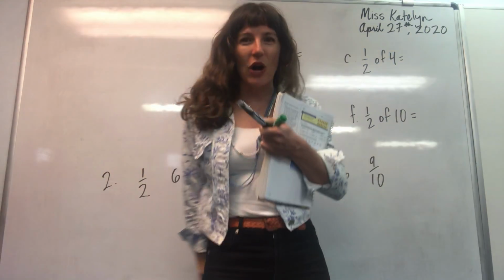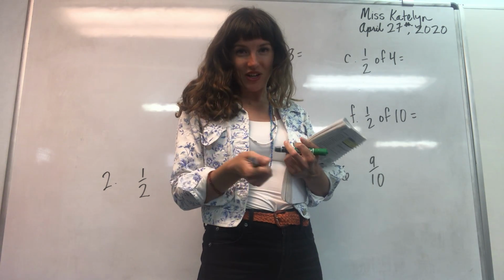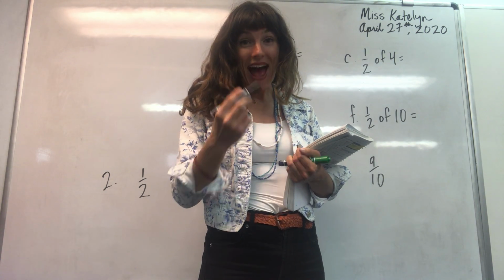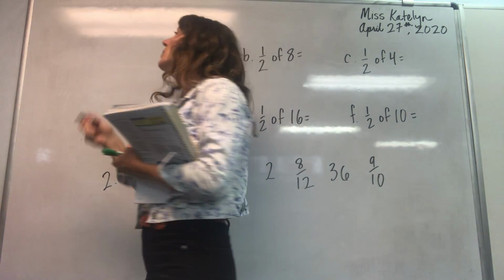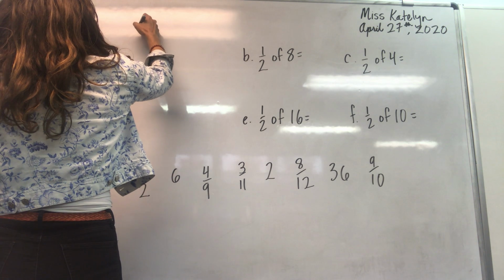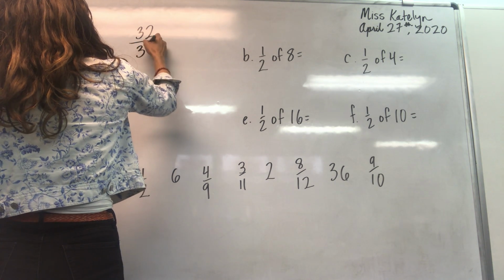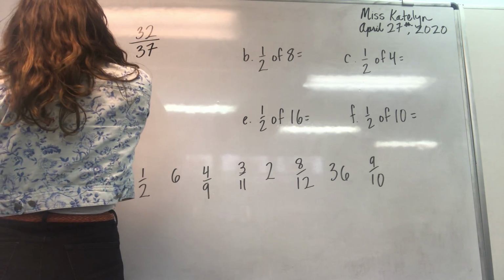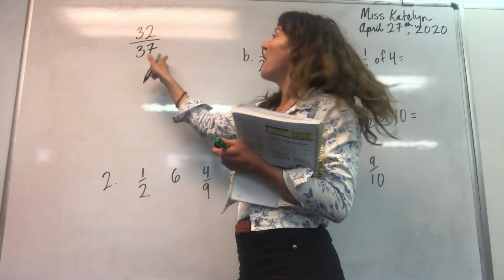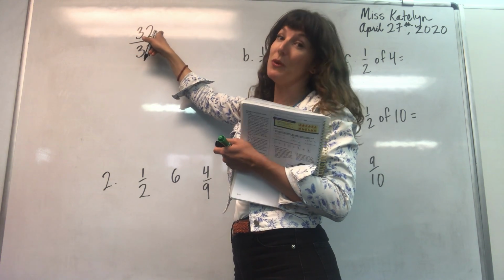Okay, so remember how I talked to you about the different parts of a fraction and how every part has a name? 32 over 37. This has to do with how many weeks of school there are this year and how many weeks you have completed.